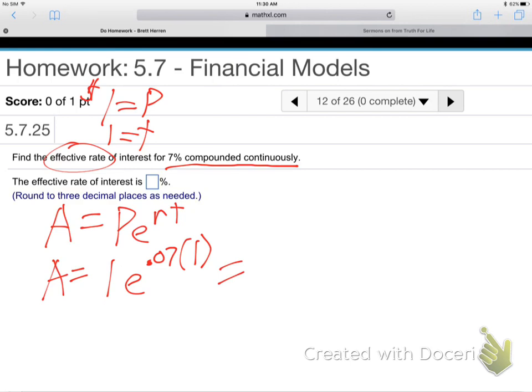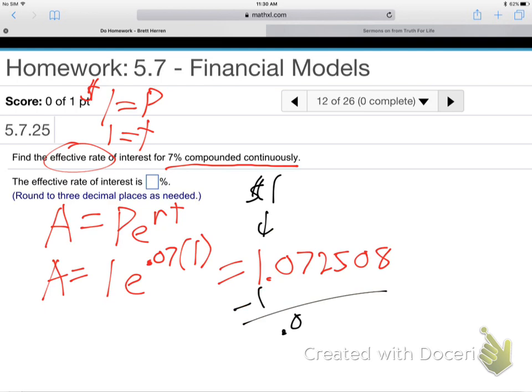So e to the power 0.07. We get 1.072508. And so that's what $1 becomes, right? $1 became $1 and some change. So what did it grow by? We'll subtract the original dollar out. So it grew by 0.072508.